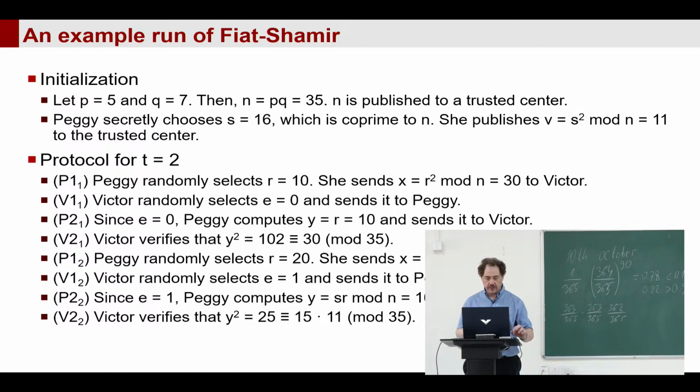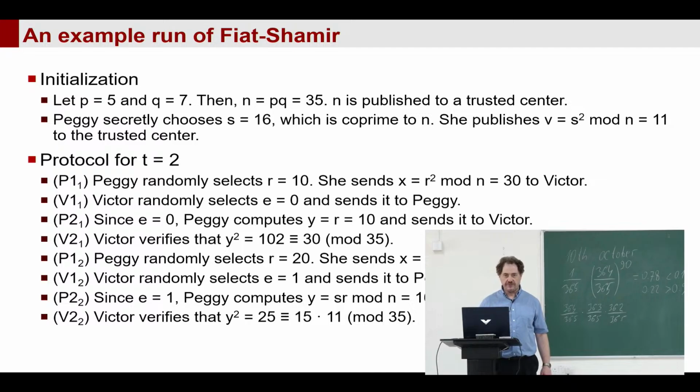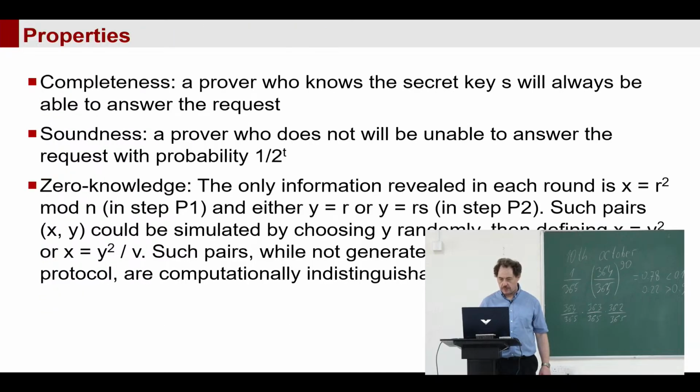If e is equal to 1, Peggy would not be able to correctly compute the answer. So the probability of failing in one iteration is again half. And for zero knowledge, at no step does Peggy disclose s itself. So the secret is safe.